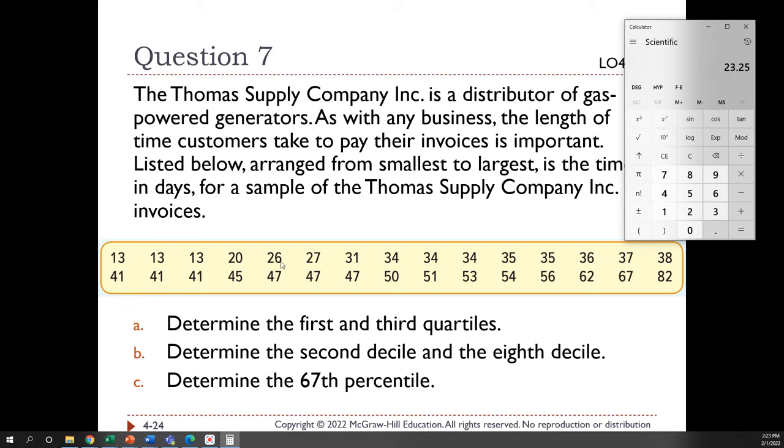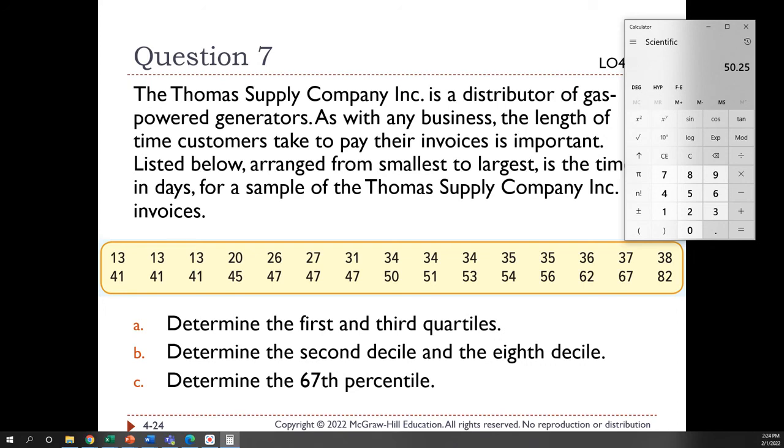So 1, 2, 3, 4, 5, 6, 7, 8, 9, 10, 11, 12, 13, 14, 15, 16, 17, 18, 19, 20, 21, 22, 23. Oh, so now we're stuck in the middle again, because again we have a decimal. So 51 minus 50 equals 1. Multiply it by 0.25, 0.25 plus our lowest. So our quartile is 50.25.